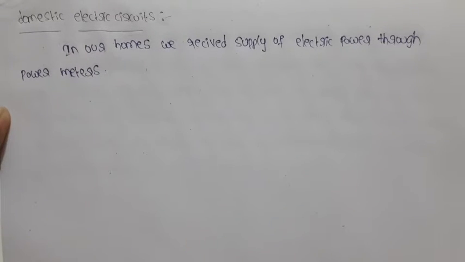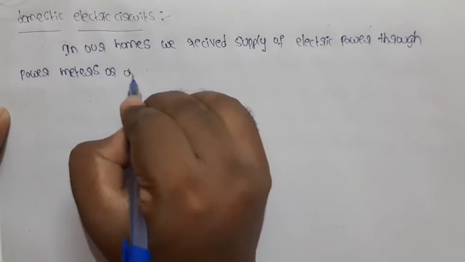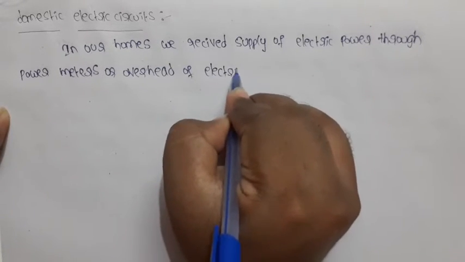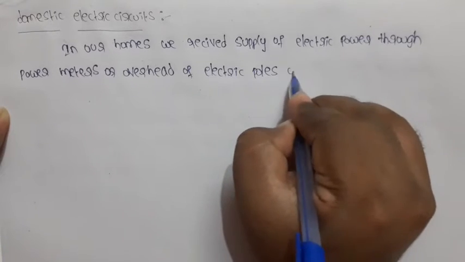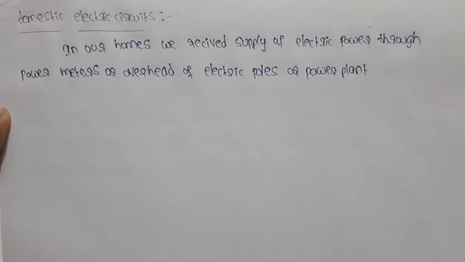We receive the supply of electric power through overhead electric poles or a power plant.